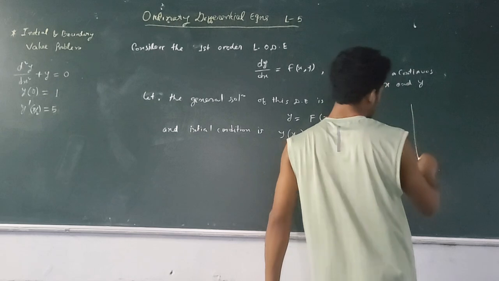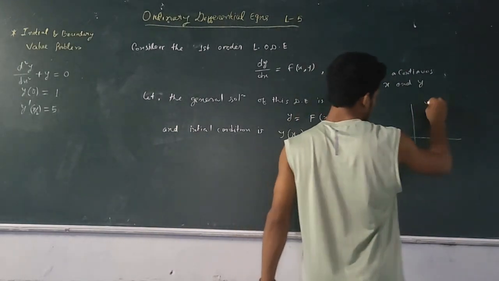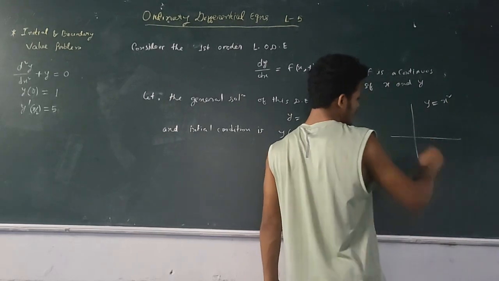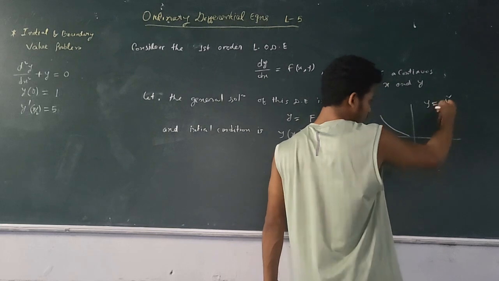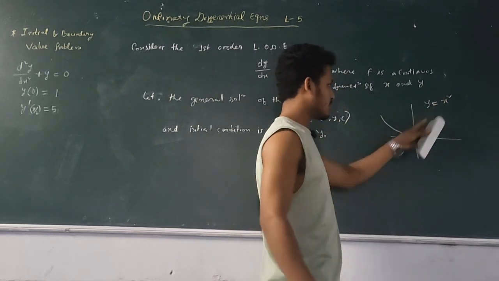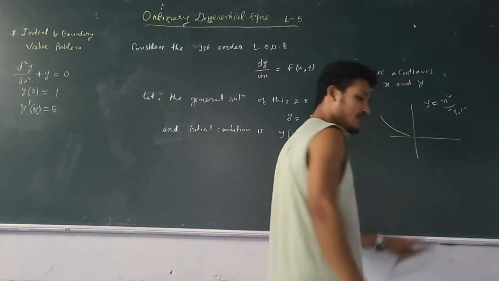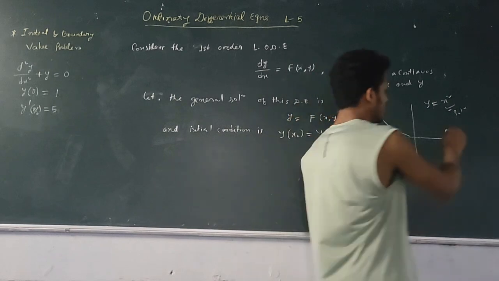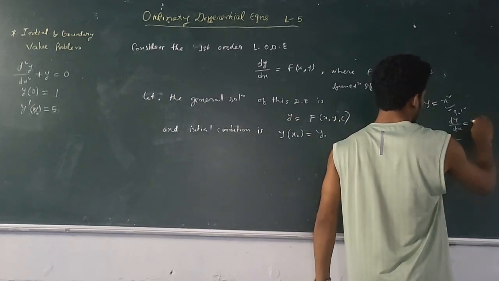That means graphically, if this is a function, suppose y is equal to x square, it is a function. So this is the graph of the function. In the previous lecture we have discussed the solution of dy by dx is equal to y.